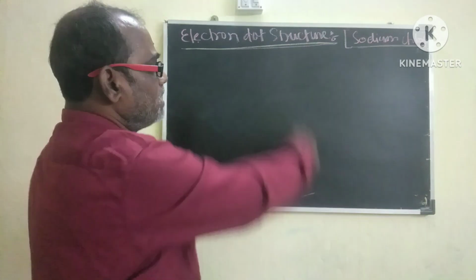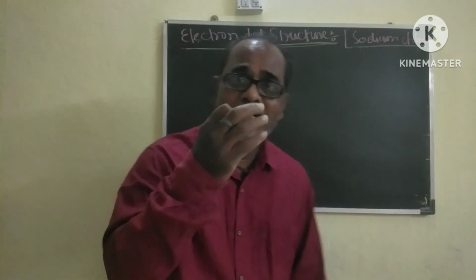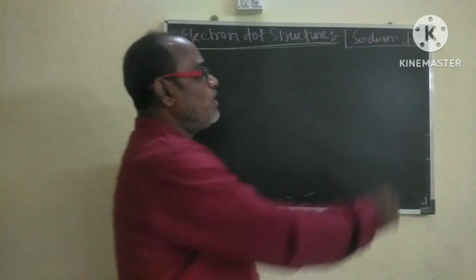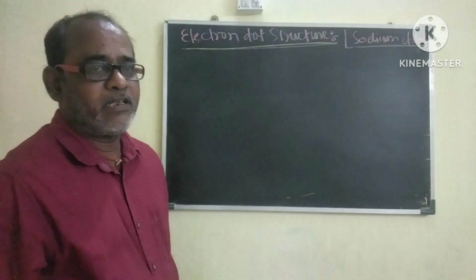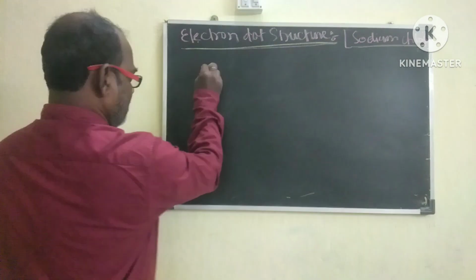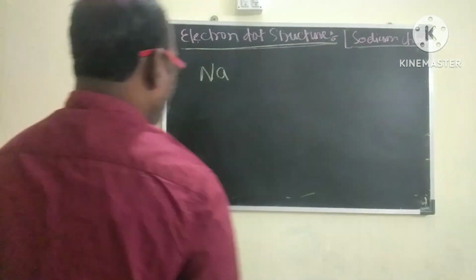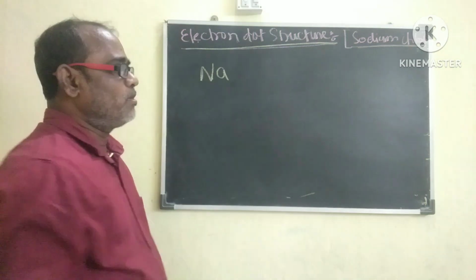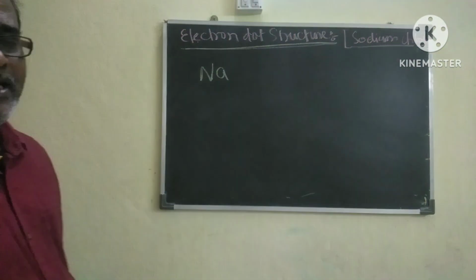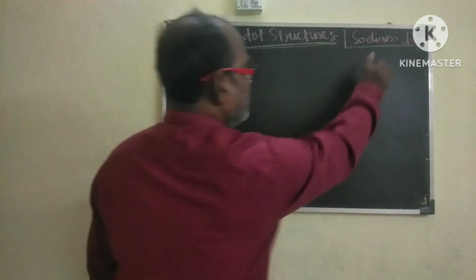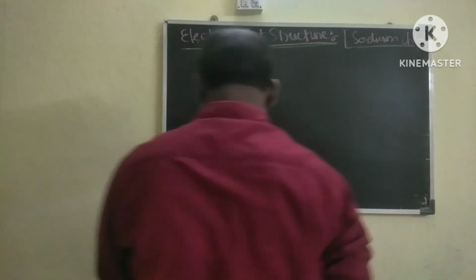While drawing it, you have to consider the valence electrons. So we are going with sodium chloride. We know that sodium has only 1 valence electron, and chlorine has 7 valence electrons. So you have to draw only the valence electrons of sodium and chlorine.